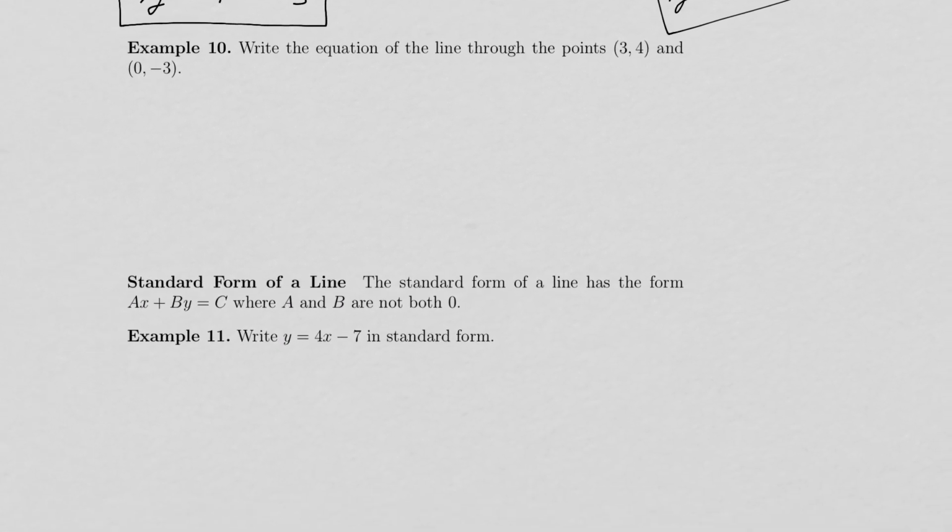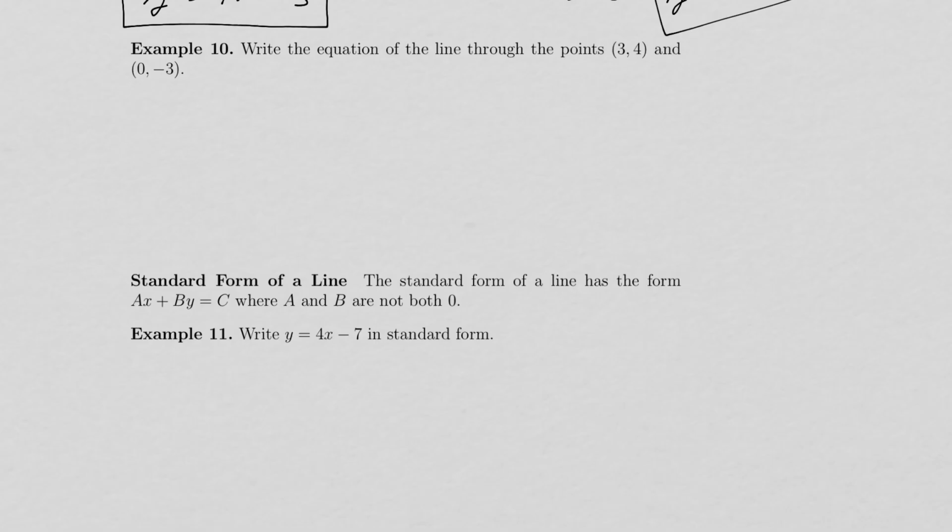Okay, what if we want to find the equation of a line passing through 2 points? Well, we can do that, but first we need to find the slope, right? So I'll write find slope first. So let me label these. I'll label the 3, 4 as x1, y1. I'll label the 0, negative 3 as x2, y2.